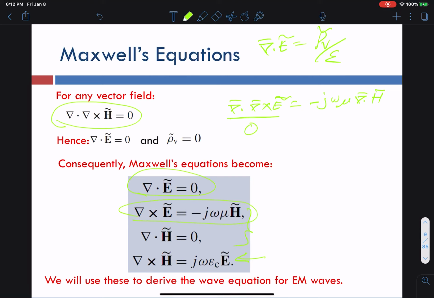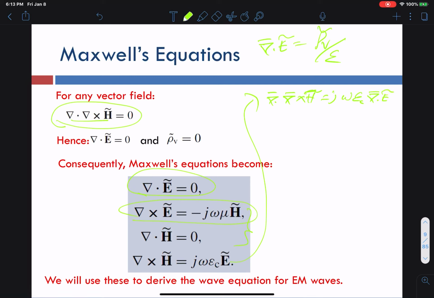Sorry, I got the wrong equation here. That should be this one here. All right, so that's right here. So divergence of a curl equal to j omega epsilon c divergence of E, right?